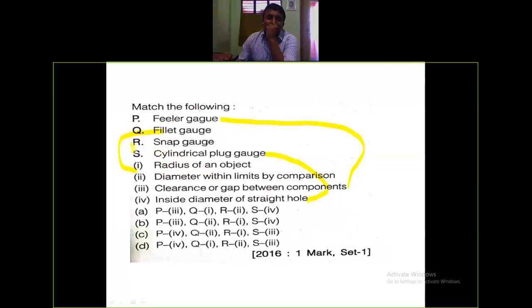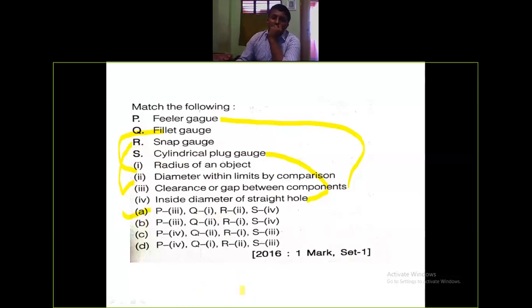Snap gauge will match with this one. So one with 3, second with 2, and so on. The correct answer is 1.